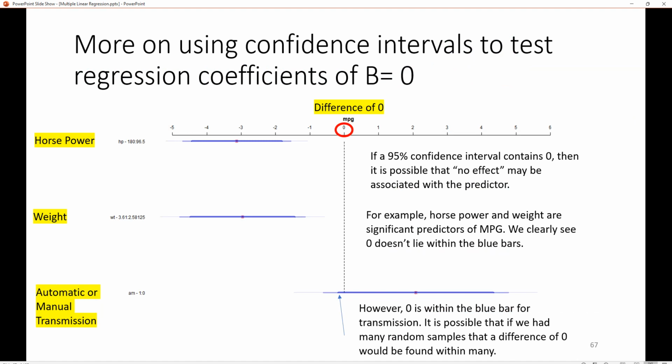And so we just mentioned confidence intervals. So we'll cover more on using confidence intervals to test regression coefficients, that beta equals 0. So this shows the summary of the different effects. For horsepower and weight, it's going from the first to the third quartile.